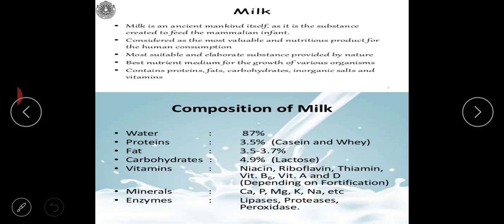It also has some vitamins like niacin, riboflavin, thiamine, vitamin B6, vitamin A, and D, depending upon fortification. Minerals like calcium, phosphate, magnesium, potassium, sodium, etc. And the enzymes include lipases, proteases, and peroxidases.